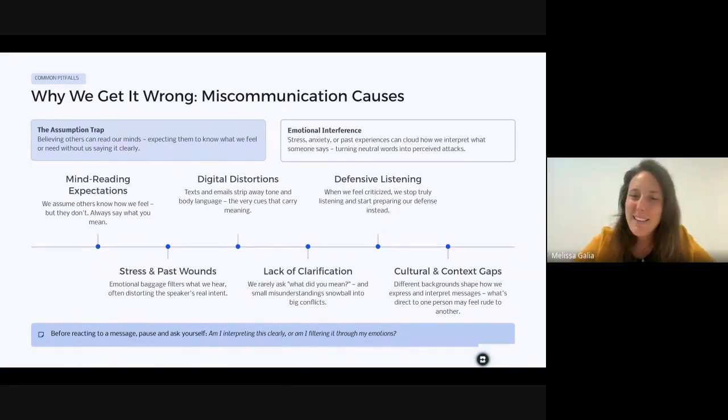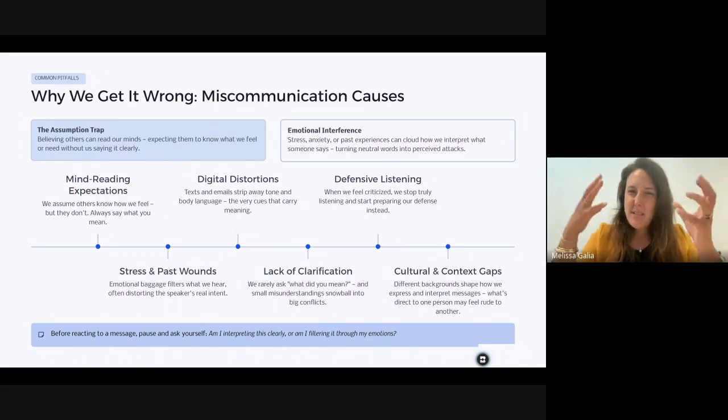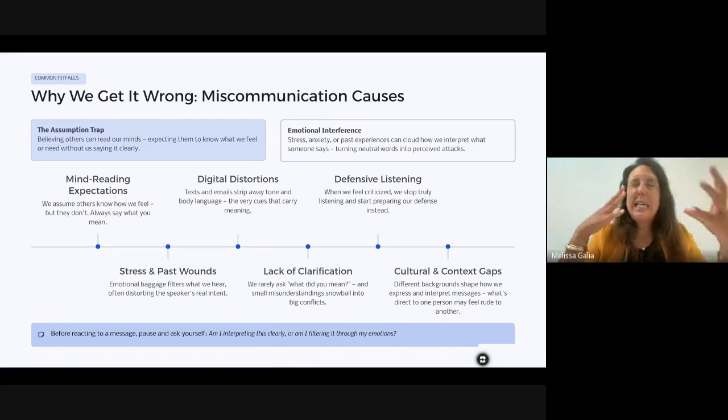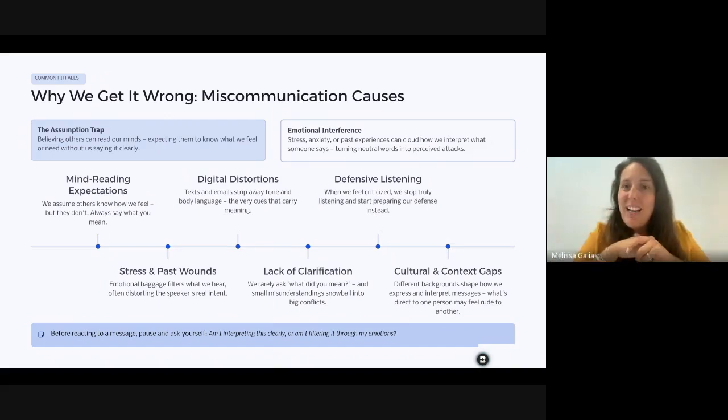So that is completely subjective. And of course, as we said, sometimes we do not clarify, we do not ask questions, we get defensive. And also when we are stressed, when we are very emotional, it's very, very difficult to rationalize.